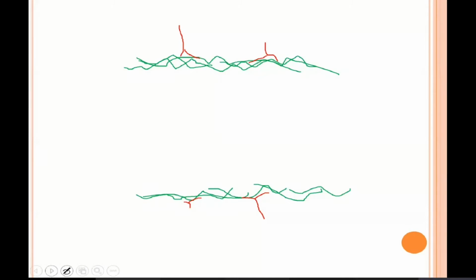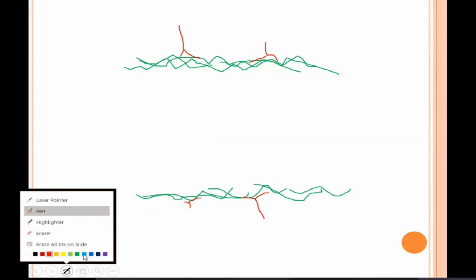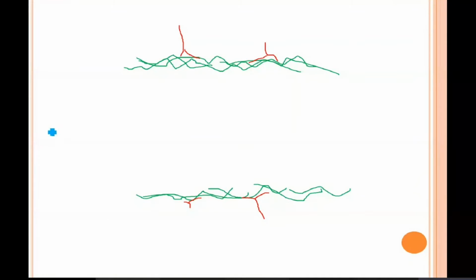And then secondly, it has specific undifferentiated cells that are called mesenchymal cells. They can differentiate into anything, so there is a numerous number of such cells. These are the mesenchymal cells, see? So this is a part of the perichondrium.